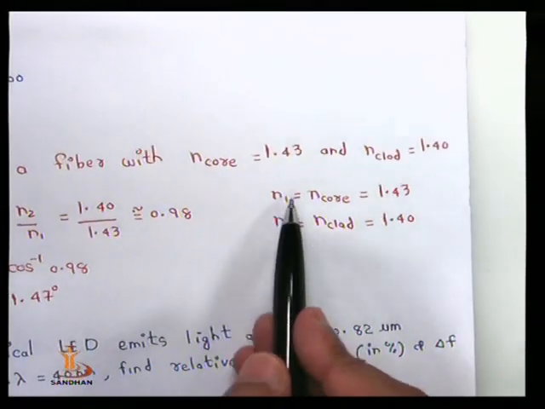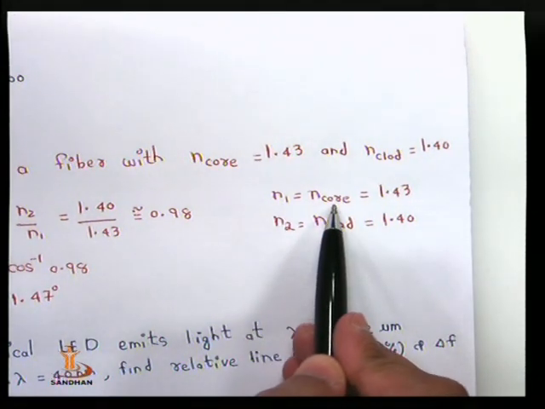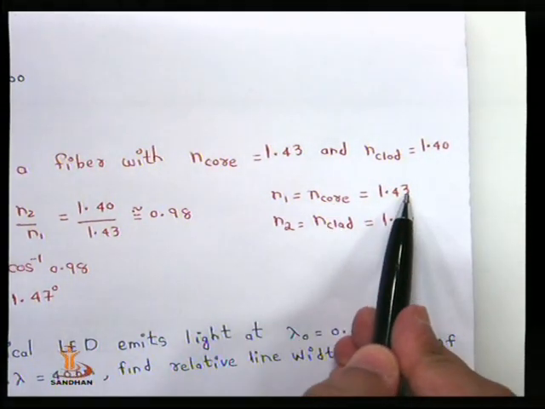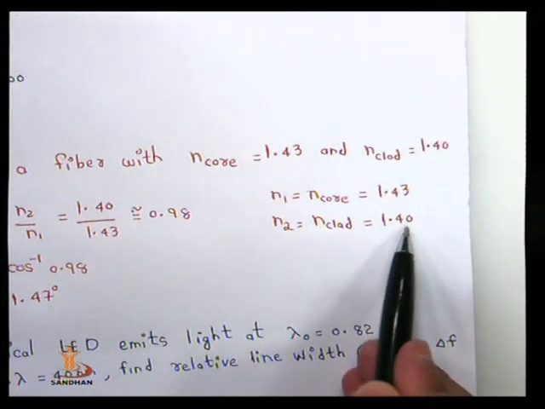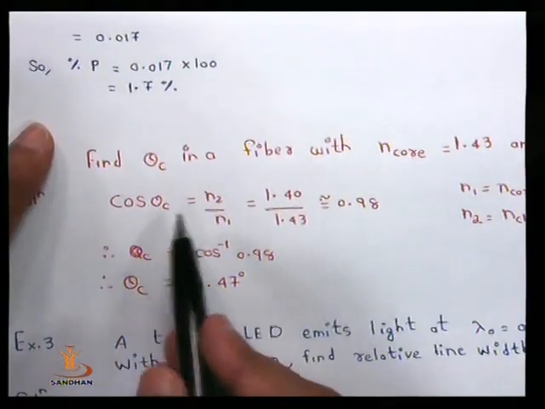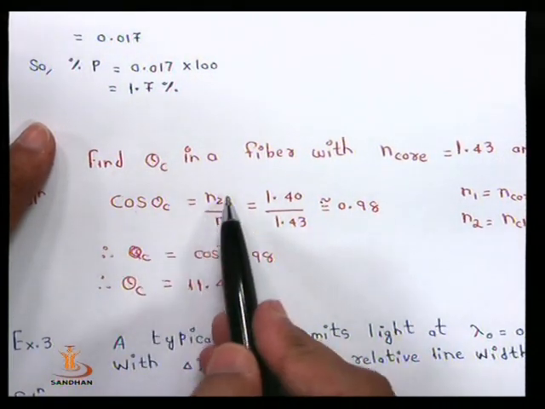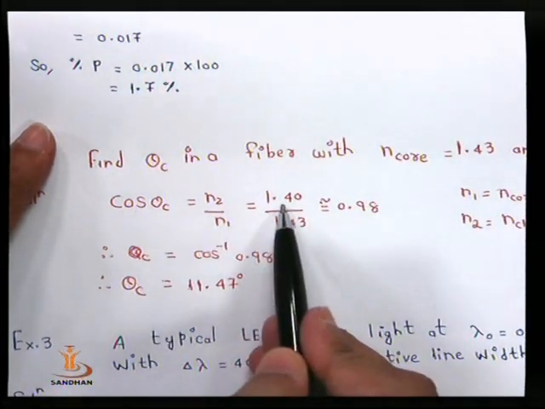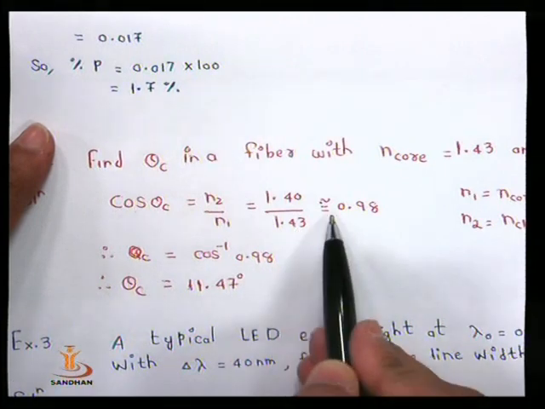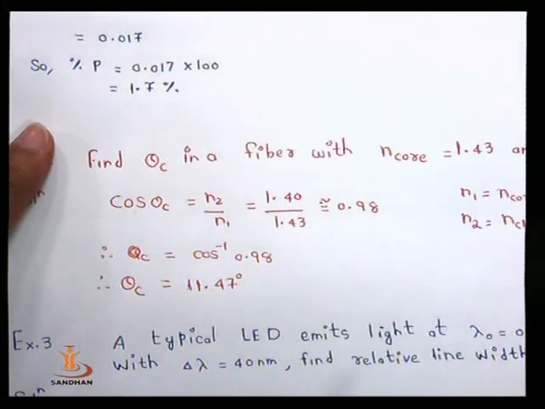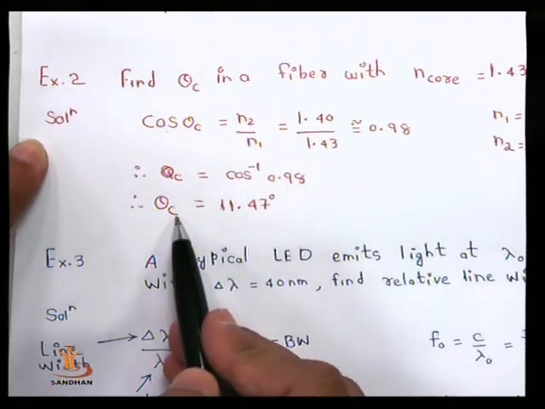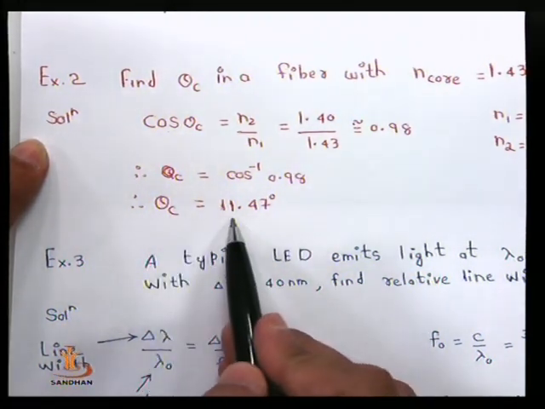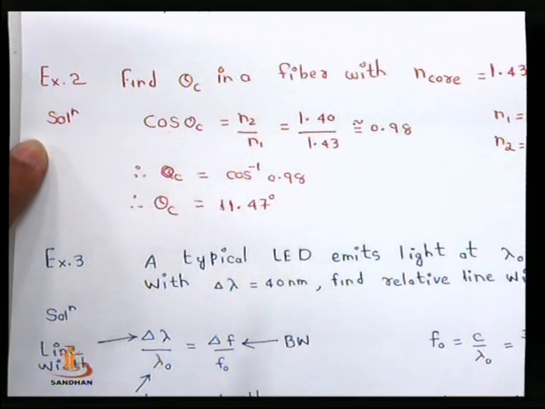Here n1 is the core refractive index, 1.3, and n2 is the cladding refractive index, equal to 1.40. So one can write cos theta c equal to n2 by n1 equal to 1.40 divided by 1.43, which is almost equal to 0.98. Now theta c is the cos inverse of 0.98. So the critical angle obtained is 11.47 degrees.